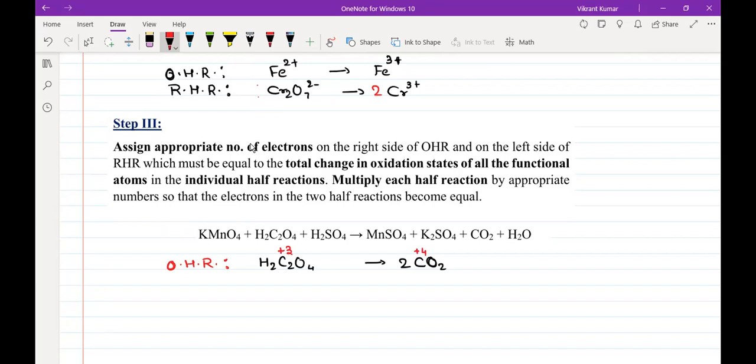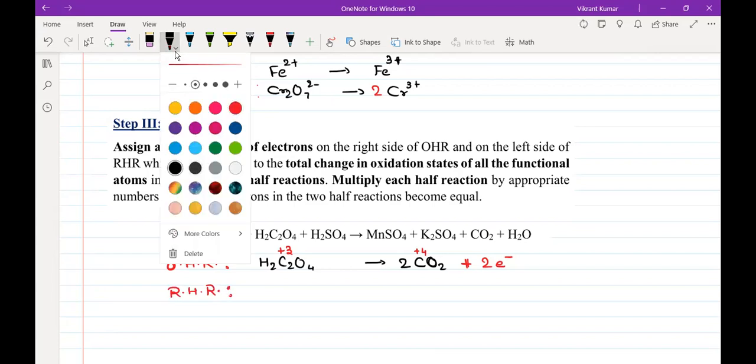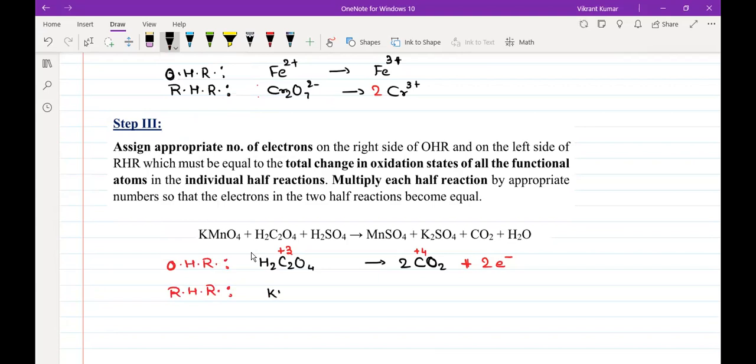And how many carbon atoms do we have? 2. That's why we say per carbon there is a change of 1, so there are 2 carbon atoms, so the total change will be 2. In OHR, we need to write it on the right side because in oxidation electrons get released. Is it okay? What will we do in RHR? In RHR we will write the same. We have the reaction: this was KMnO4, and this was giving MnSO4.